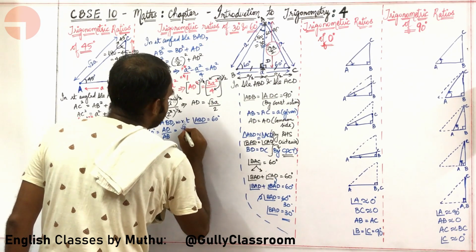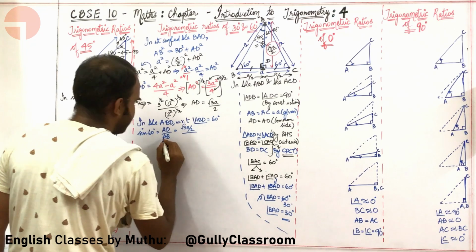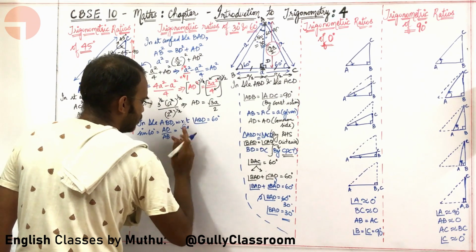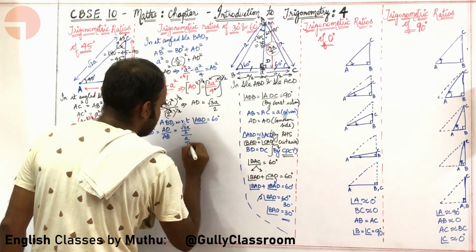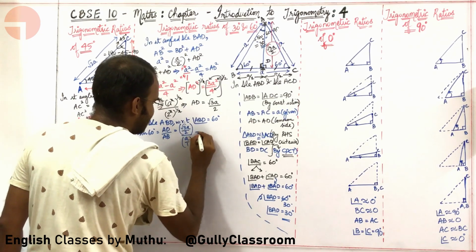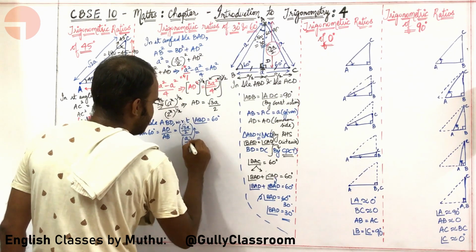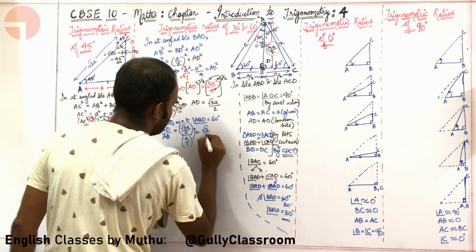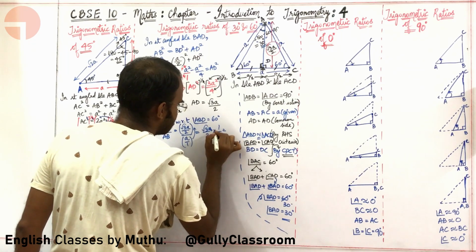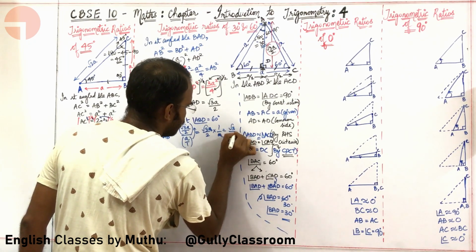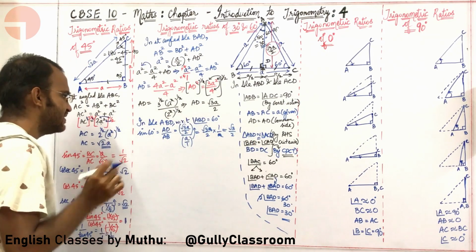AD is root 3a whole divided by 2. What is AB? AB is nothing but a, so I can write it as a by 1. Taking the reciprocal, root 3a by 2 into 1 by a, and a will get cancelled. So I simply get root 3 by 2 as the value of sine 60.